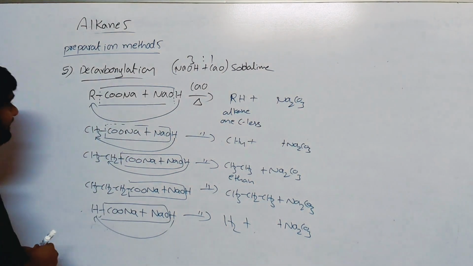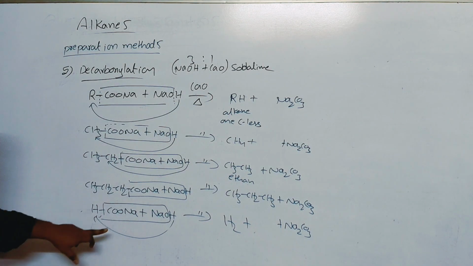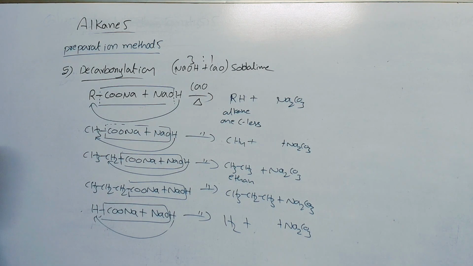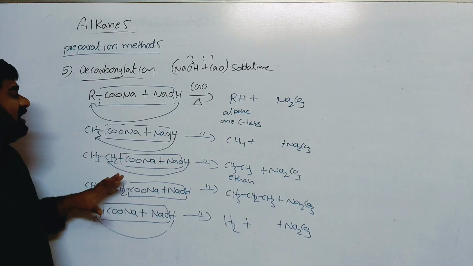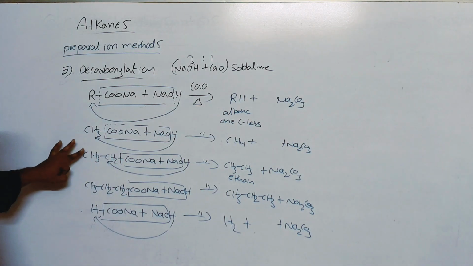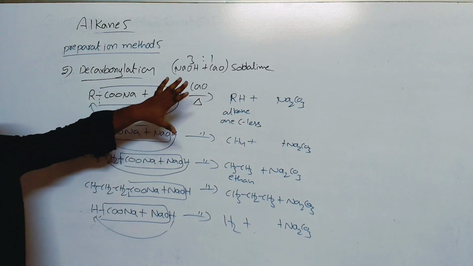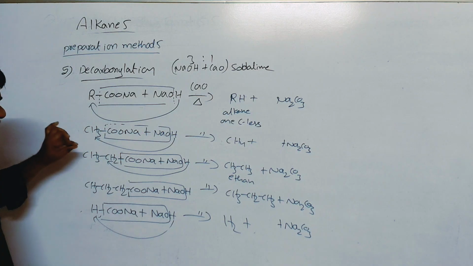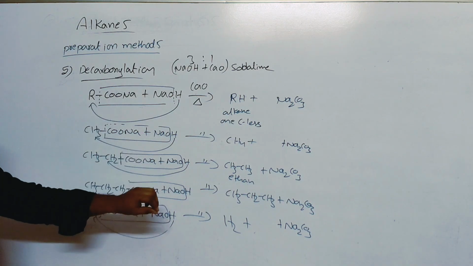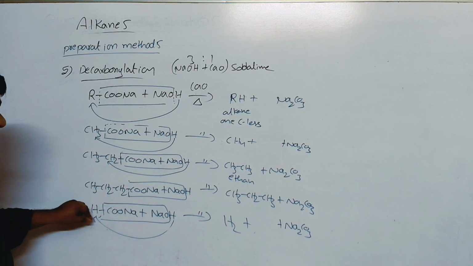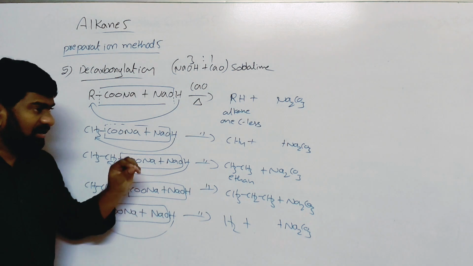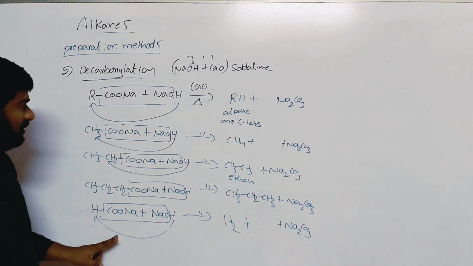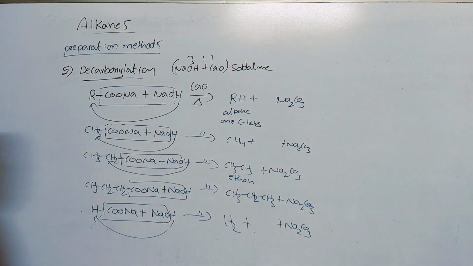H2 gas also you will get in the decarboxylation reaction if you take sodium formate. In this decarboxylation reaction, one carbon less alkane you will get. If you are getting propane, it will be butanoate. If you are getting butane, it will be pentanoate. In this way, if you are getting hexane, heptanoate, like that.